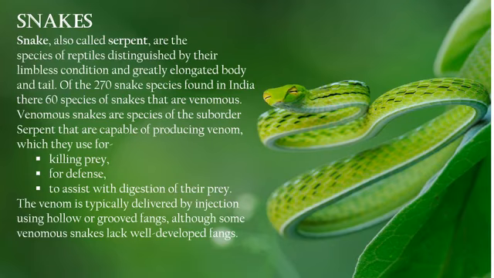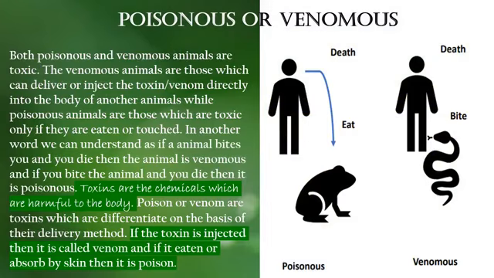The venom is typically delivered by injection using hollow or grooved fangs, although some venomous snakes lack well-developed fangs. Now, before understanding the difference between venomous and non-venomous snakes, let's understand why we are calling the snake venomous and not poisonous.